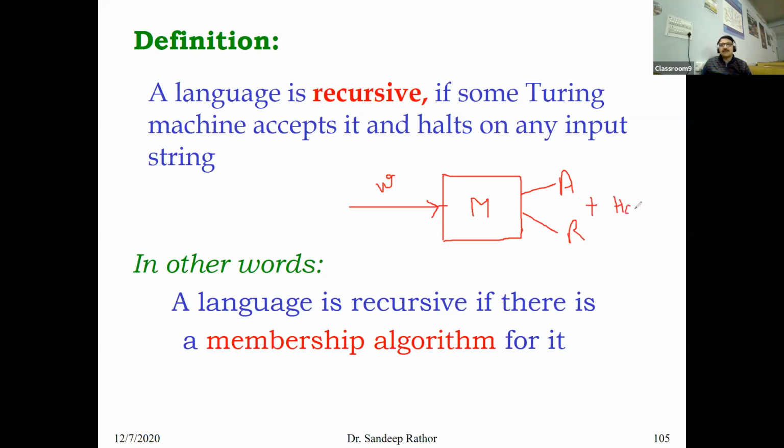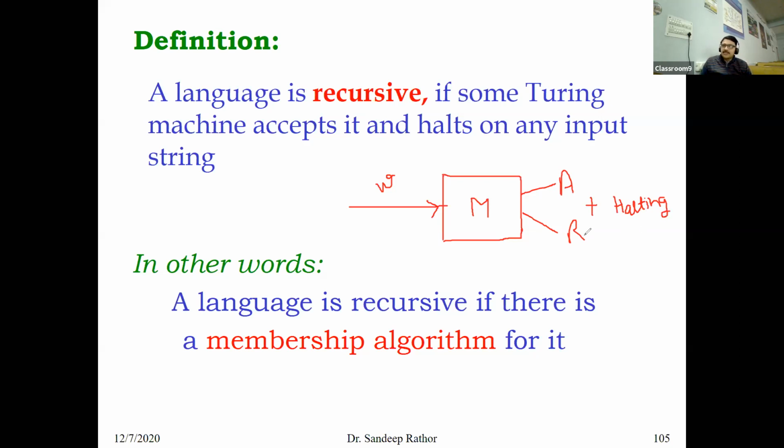This is the simple purpose of recursive languages. If we pass any string, definitely you will get the answer in the form of yes or no, and the machine will automatically halt.